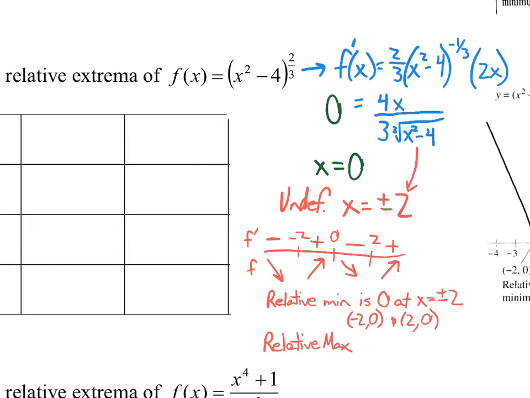The cube root of 16 is going to be 2 cube roots of 2. So I have 2 cube root of 2 at x equals 0. So the point is 0, 2 cube root of 2. If you have a calculator available and you want to give the decimal, that's fine, of course. But that's what it would be exactly.